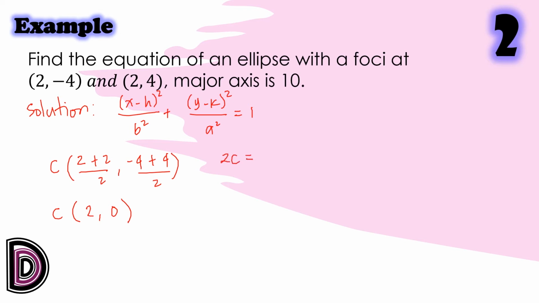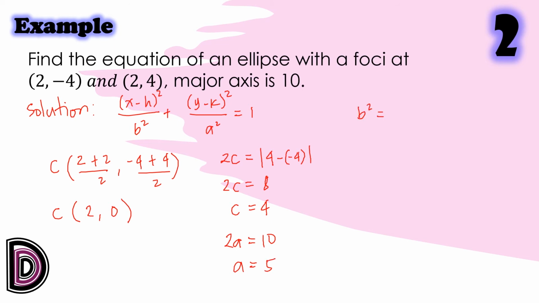Therefore, we have 2c is equal to the absolute value of 4 minus −4. 2c is equal to 8. Dividing both sides by 2, c is equal to 4. The length of the major axis is equal to 2a. Therefore, we have 2a is equal to 10. Dividing both sides by 2, we have a is equal to 5.